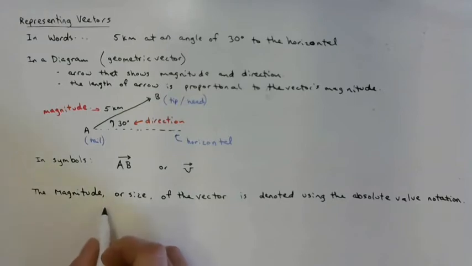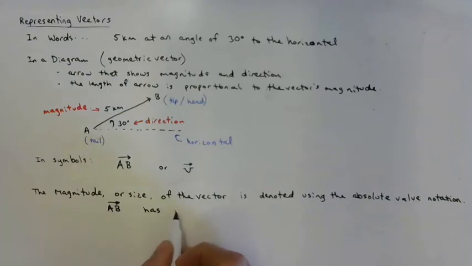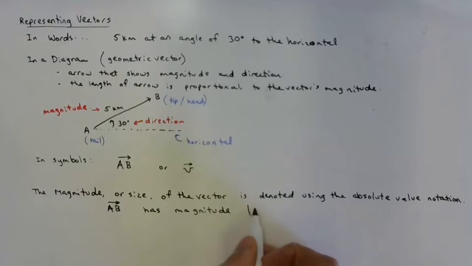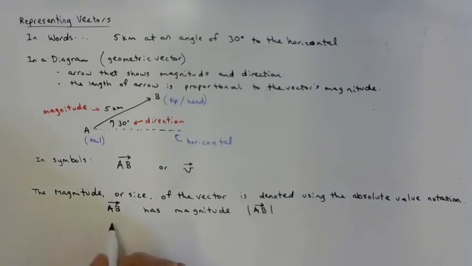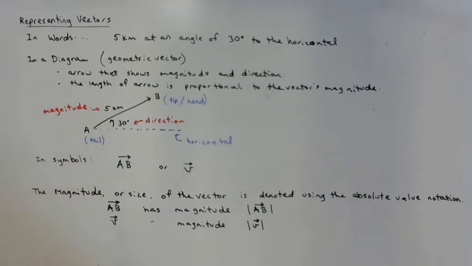So vector AB has magnitude of the absolute value of vector AB. Vector V has the magnitude, the absolute value of vector V. Essentially, when you're talking about magnitude, you're talking about the vector without consideration for the direction that it's heading in.